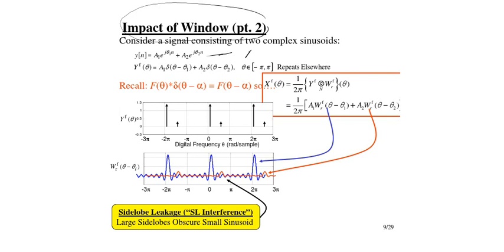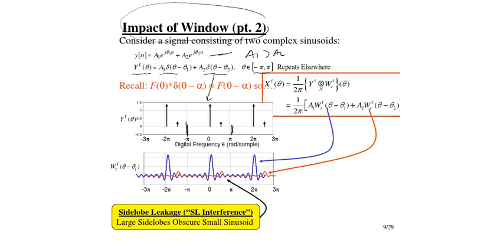When we compute the DTFT of this, we get impulses at theta1 and theta2, and these are repeated over minus pi to plus pi. When we draw this in the DTFT spectrum, we are basically interested in minus pi to plus pi, where we get these two pulses, and these other two pulses are basically repeated, right?